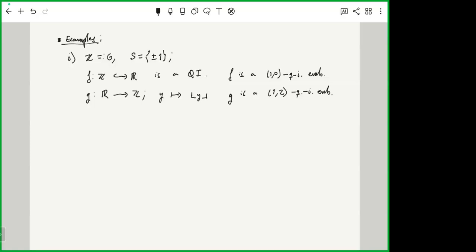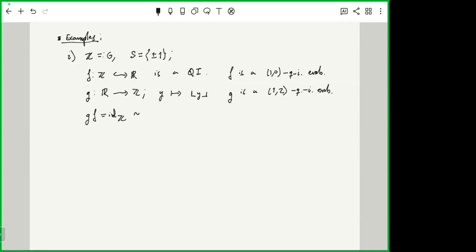And GF is actually the identity on Z. If I take the floor function of an integer, I'm left with the same. And this is, of course, close to the identity, while FG is not the identity, but it's very close. It's close to the identity on the real line. So this proves that Z and the real line are quasi-isometric.